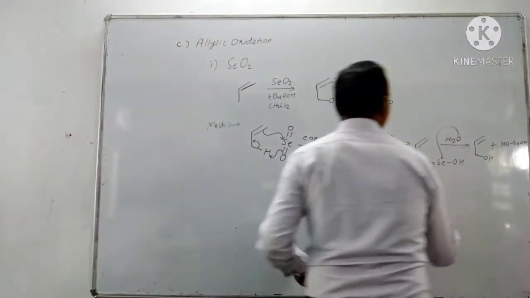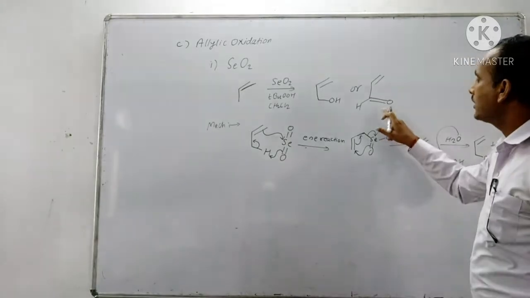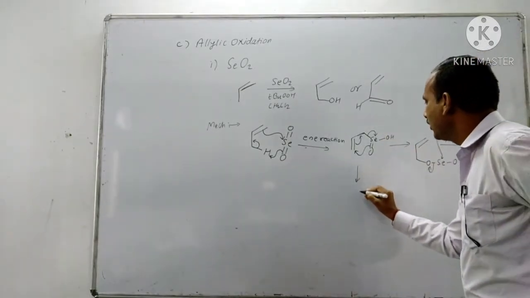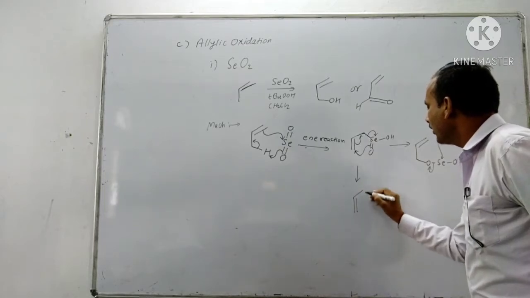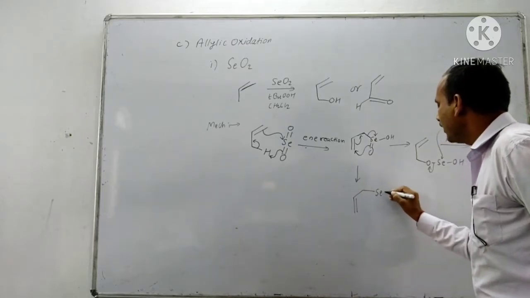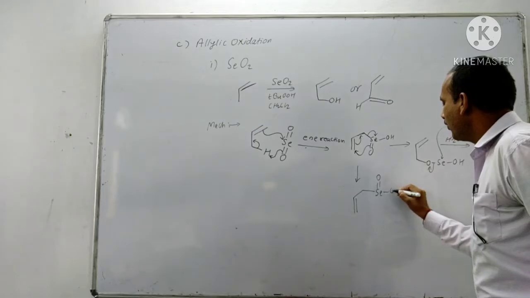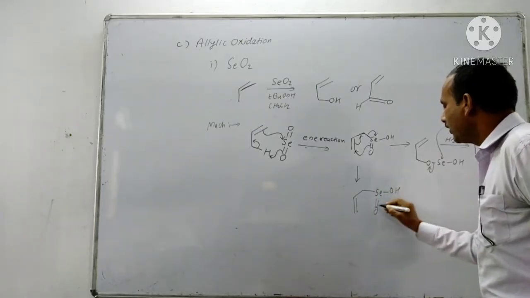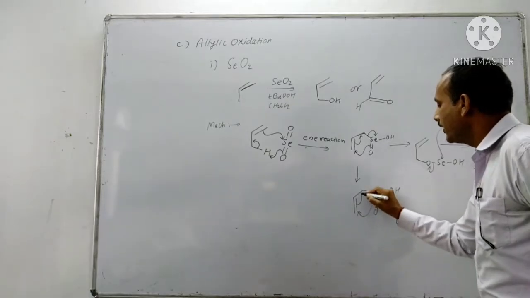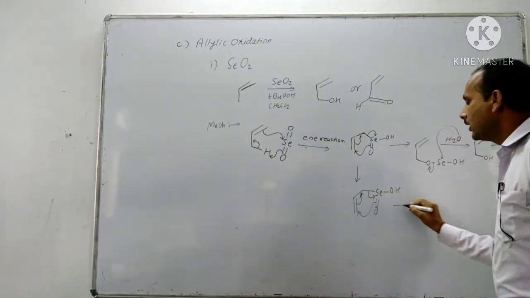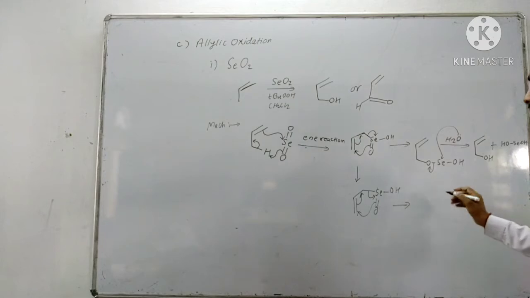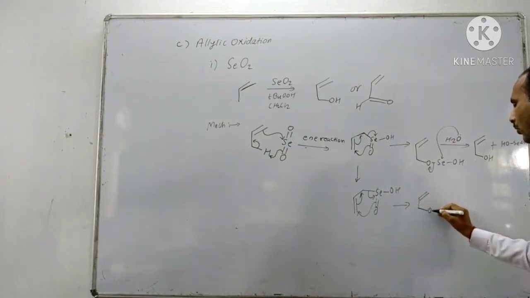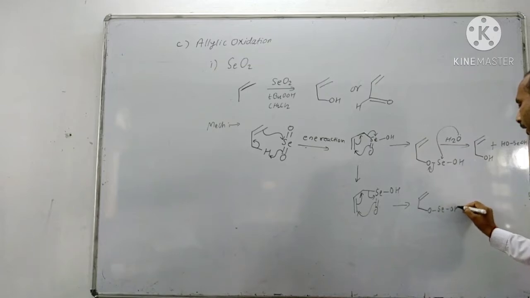Now see here, here is Se double bond OH. This attacks on this, there is formation of the product, double bond OSeOH.